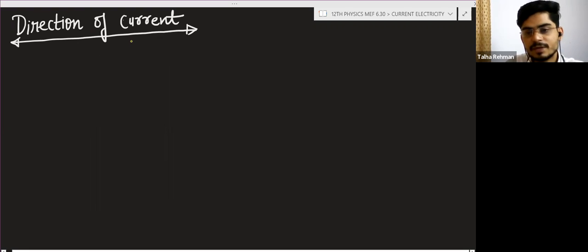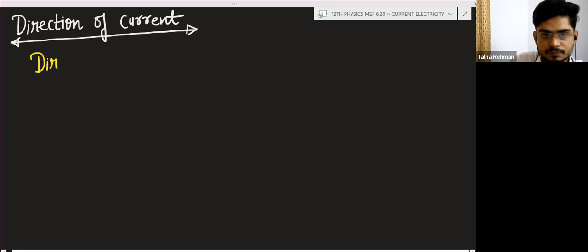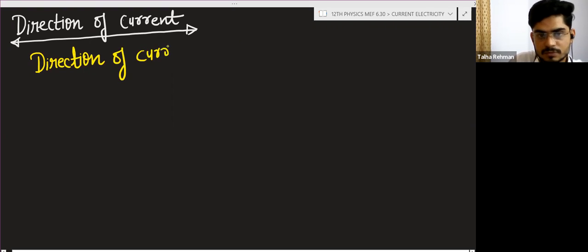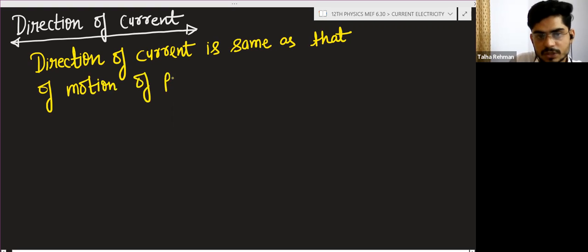They have done the experiment and found that the direction of current is the same as that of motion of positive charge.